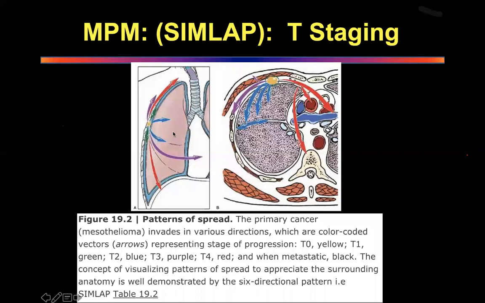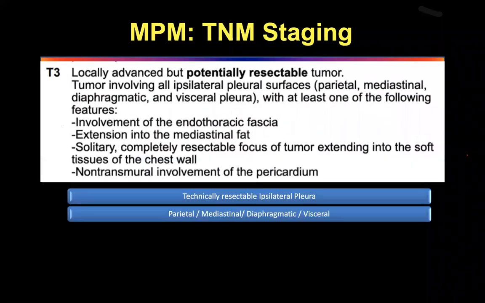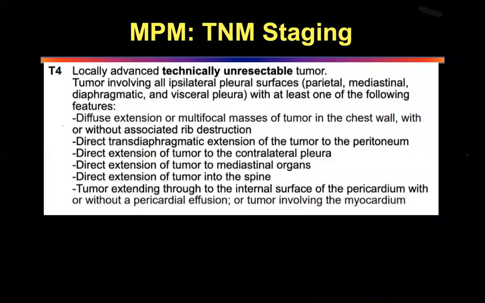T2 is when it has gone into the parenchyma of the lung or into the muscle of the diaphragm. T3 is when it has gone into the extrathoracic space, or into the mediastinal fat. And T4 is when it has gone into any of the organs. So this is how you classify the T staging of the tumor, okay?